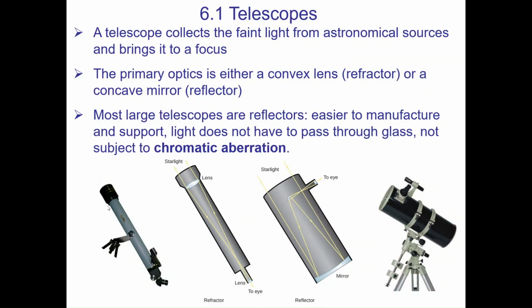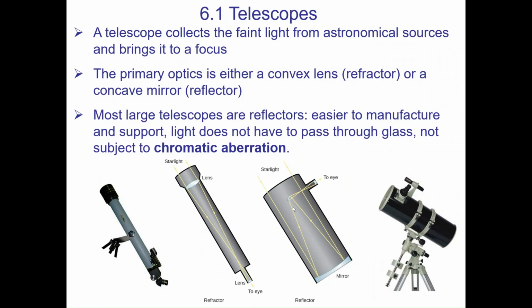If you see one with a longer tube, that is a refractor, which uses a lens to focus the light. But if the one you see is wider and the tube is shorter, it is a reflector, which uses a mirror to bring the light to focus.